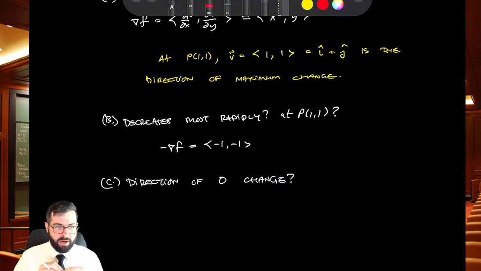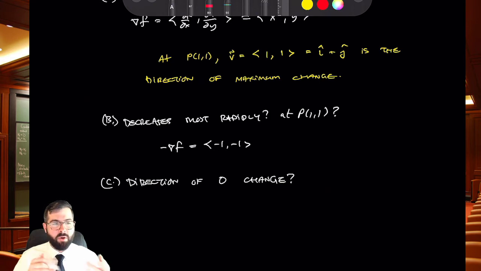There's another way to get there that's a little simpler and doesn't use the cross product, but we could use the dot product. When the dot product of two vectors is 0, what do you know? Oh, then it's orthogonal. Yeah, it's orthogonal if the dot product of two vectors is 0.